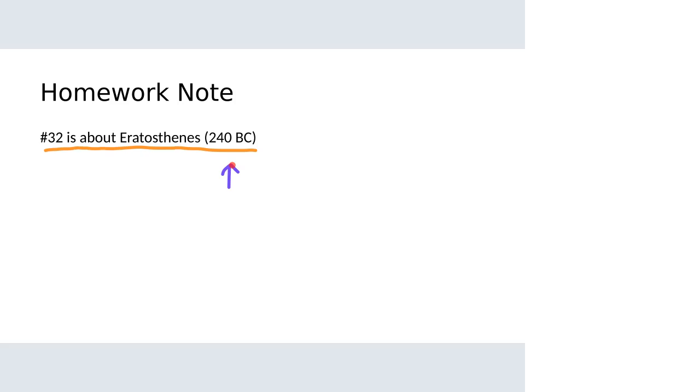So the ancient Greeks apparently knew the earth was round because there was a mathematician looking for the circumference of it. Somewhere that got lost in the Middle Ages and people started to think that it was flat, but Eratosthenes in 240 BC was looking for the circumference of the earth.